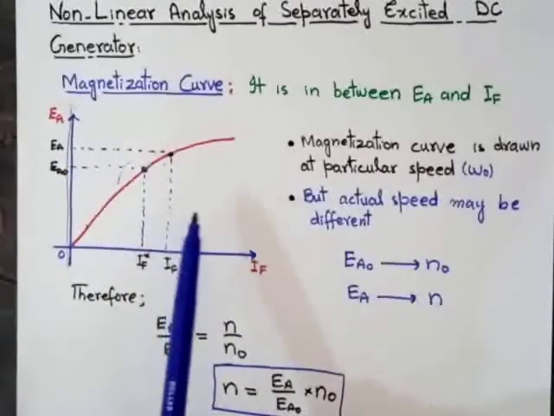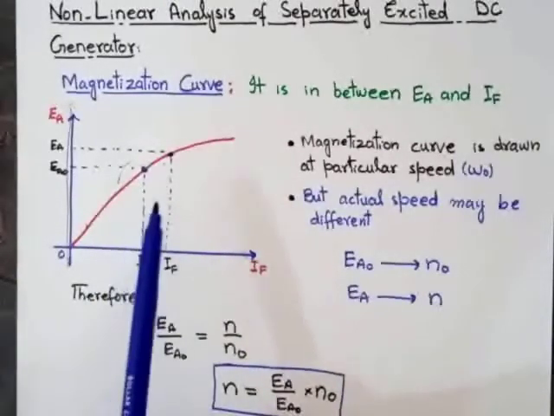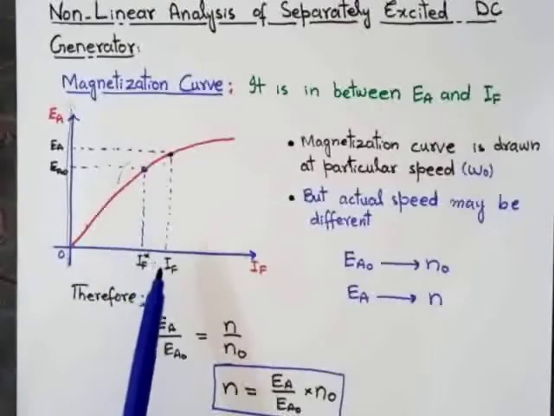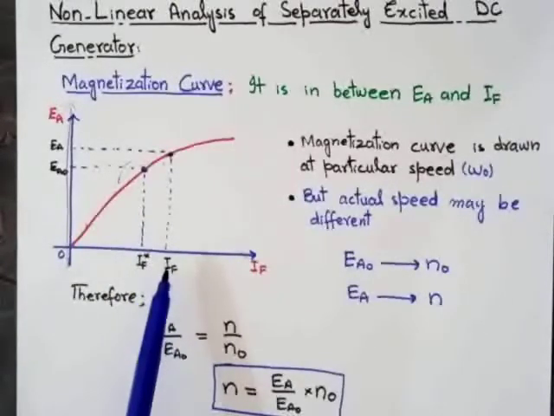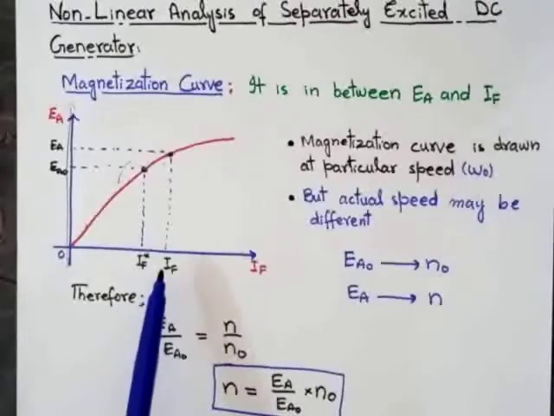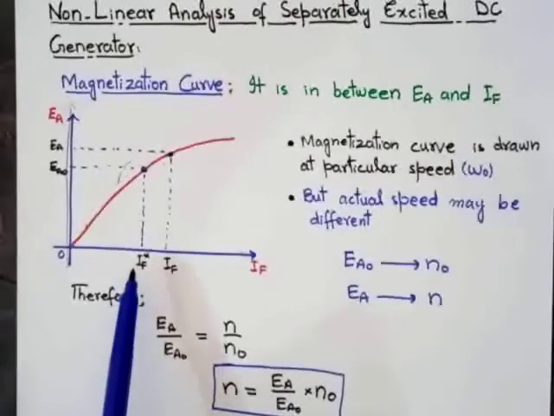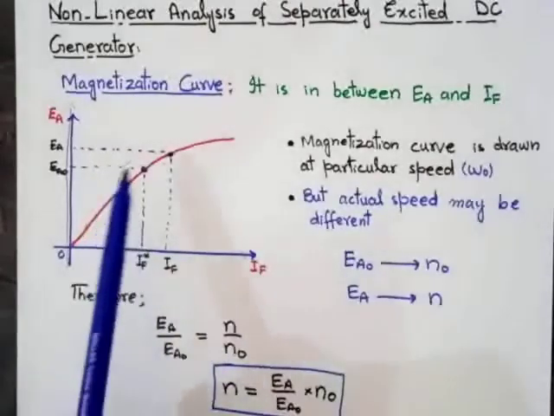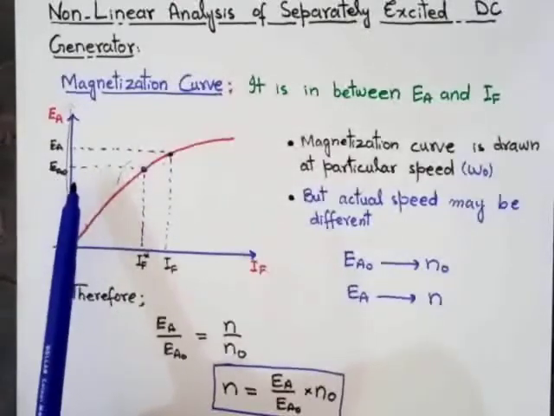When there is no compensating winding, then armature reaction exists. As we have already discussed, due to armature reaction, flux will decrease, and the relationship between flux and the field current is directly proportional. When the flux decreases, the field current will decrease, and this will be the new field current due to armature reaction, called IF dash, and this will be the new internal generated voltage EA naught.